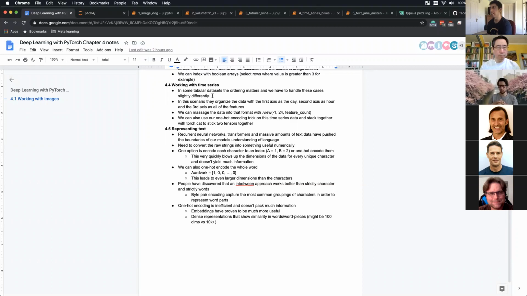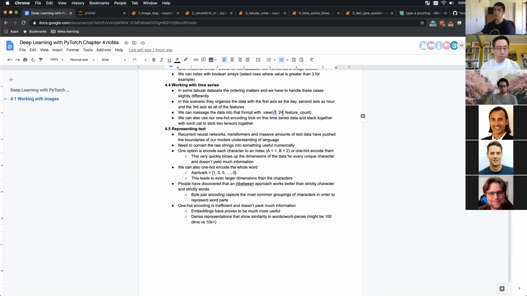But basically you can expand out tabular data. So when you think about a normal spreadsheet, it's got its rows, it's got its columns, but then when you have time, you might want to add an additional axis where you say, okay, here's how things are changing over time. And so the way they showed to do this was you can change the data so that now you have 3 dimensions rather than just 2.